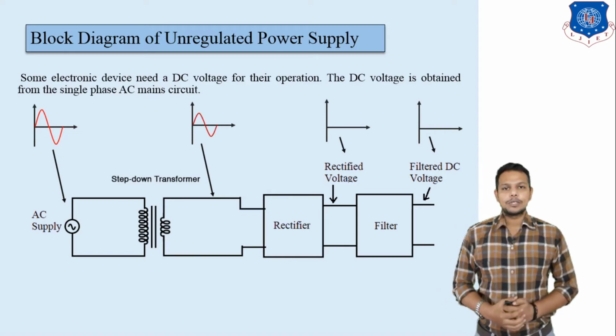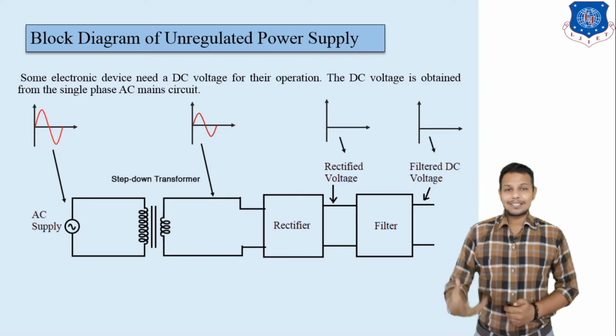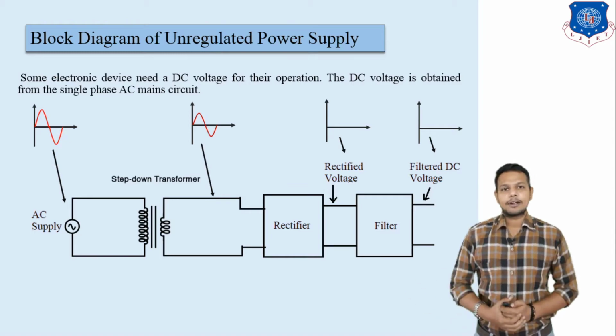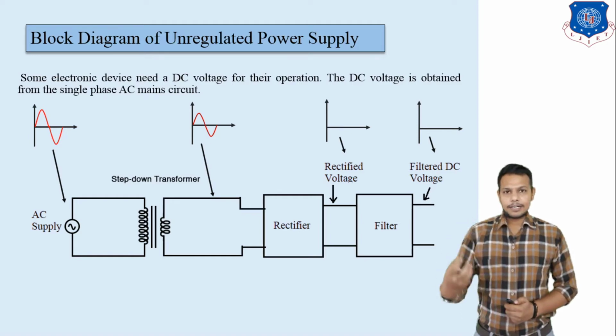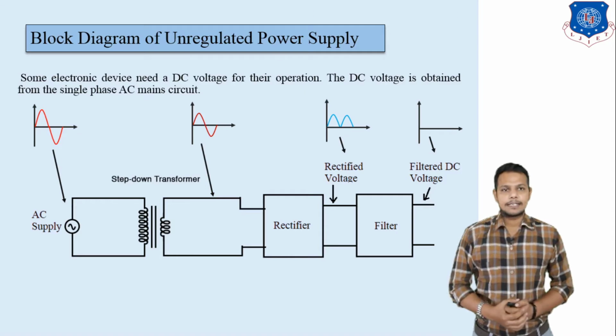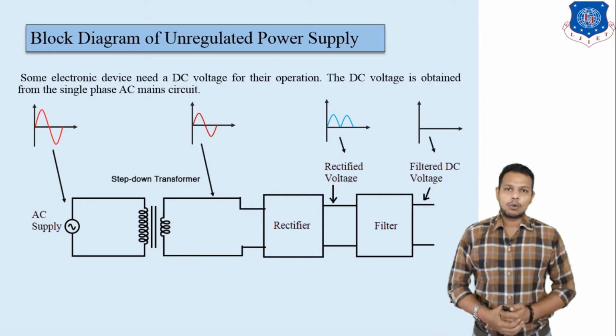Then it goes to the rectifier. What is the work of the rectifier? Rectifiers are of different types: first half wave rectifier, then full wave rectifier. It can rectify the signal in this form. Here we can see the rectified output voltage.